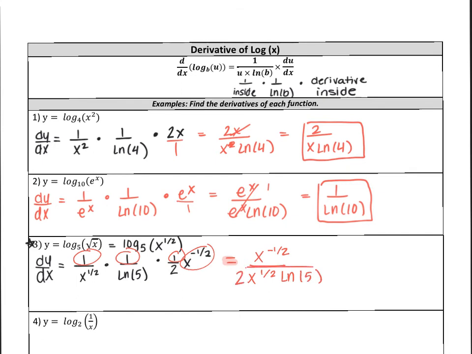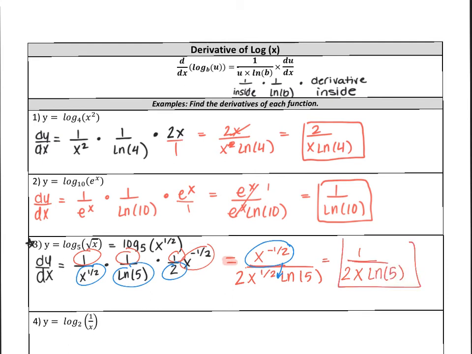So I'll put the 2 in front. All these are on the bottom here, right? Bottom, bottom, bottom. So technically, this is a negative exponent. So you really could bring it downstairs. So you would have 1 left on top with 2, x to the first power, ln of 5.